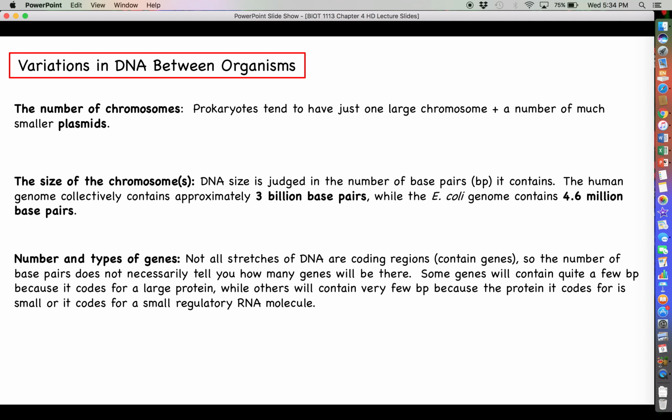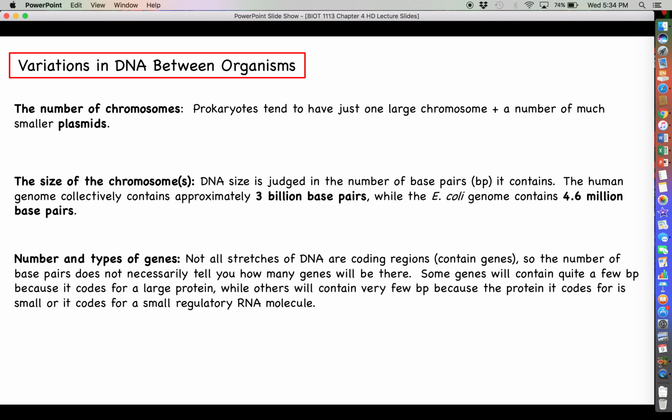Next is the number and types of genes. We've talked about how the DNA contains genes, but it turns out that not 100% of the DNA is actually gene material. Not all stretches of DNA are what we would call coding regions, meaning a lot of our DNA doesn't contain any genes at all. So just looking at the number of base pairs doesn't necessarily tell you how many genes are going to be there, right?